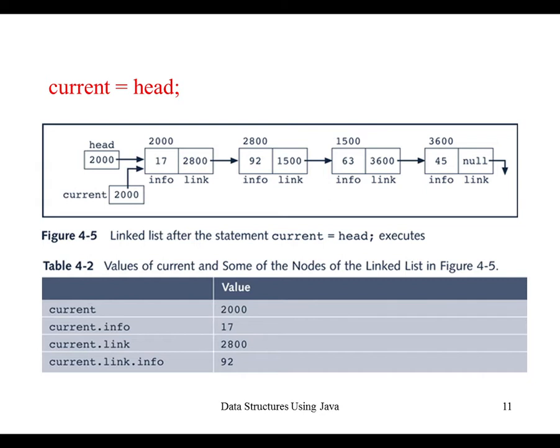Suppose that current is a reference variable of the same type as head. Then the statement current equals head copies the value of head into current. See Figure 4-5.